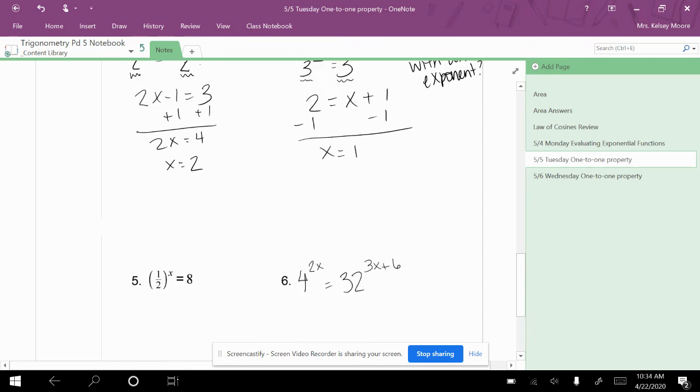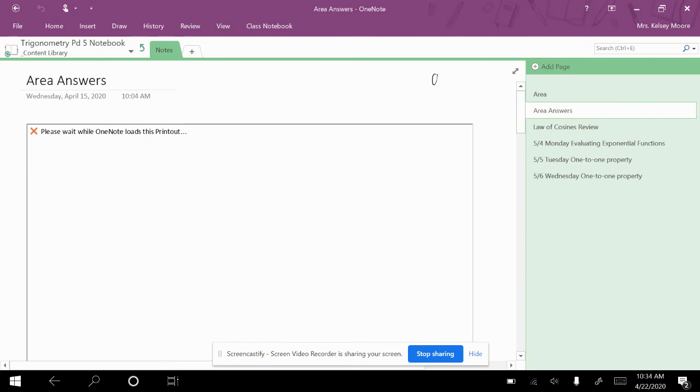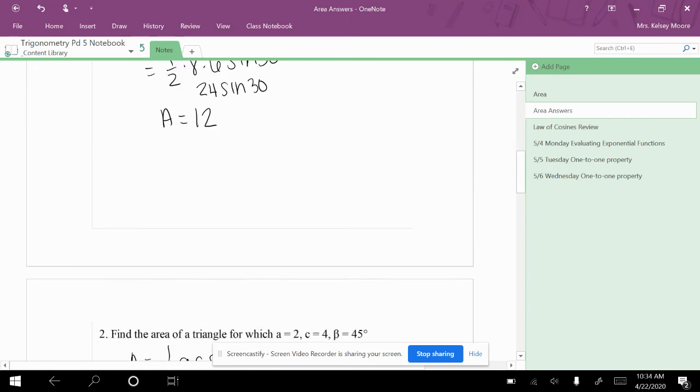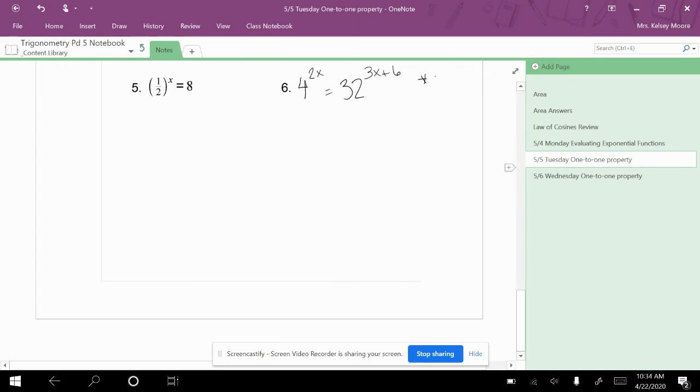Okay. All right, these last two examples are when you have to change both bases.